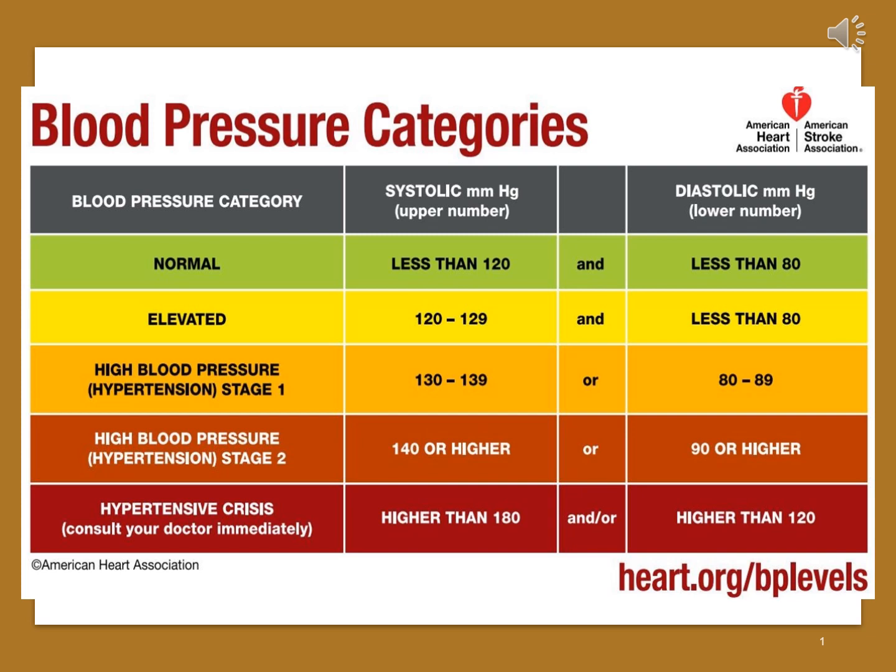And so those people with 130 to 139 over 80 to 89 may not necessarily be treated with drugs. They may be treated with lifestyle changes. And I think that's the most important change here, is to look at those people in that very first category and say, listen, you're going to move up to that next category unless you do some lifestyle change. And that, I think, is the beneficial part of this.